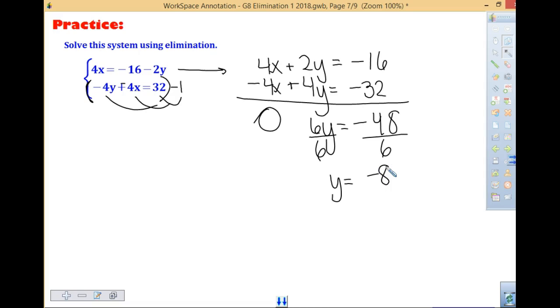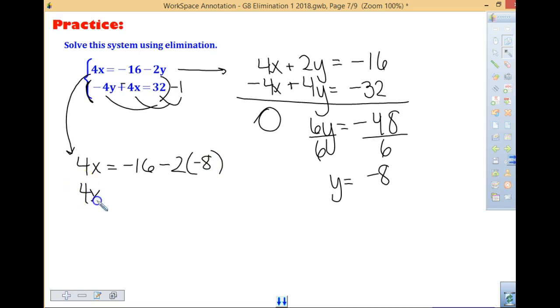Probably a lot quicker than doing those substitution ones, right? For those of you that were really getting bogged down on that G6 and G7. So we have y is negative 8. If I'm looking at this, I'm going to go to the first equation. 4x equals negative 16 minus 2 times y.